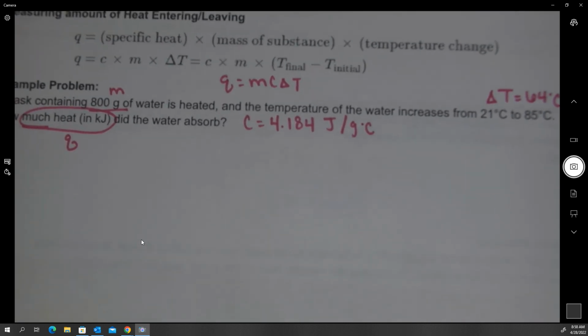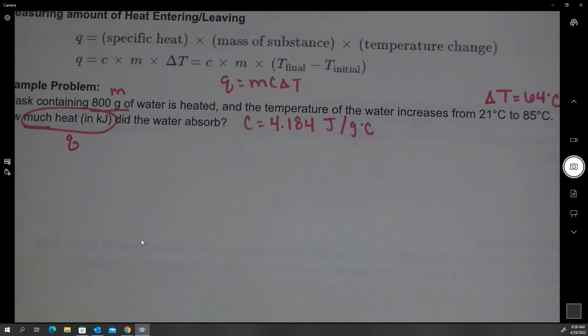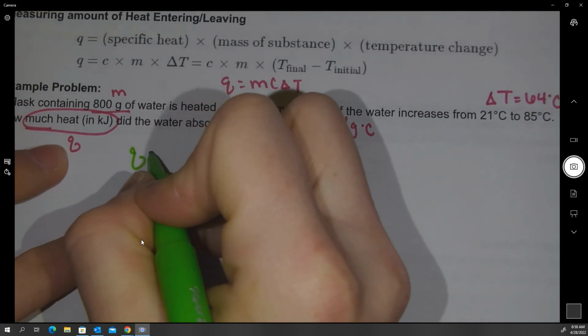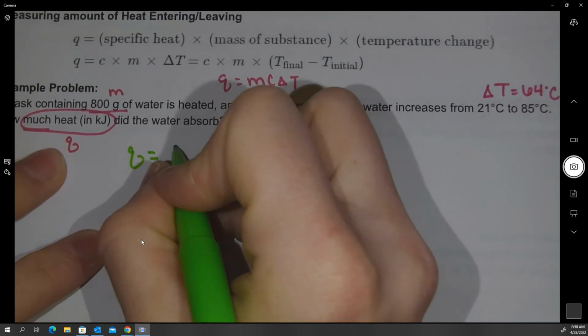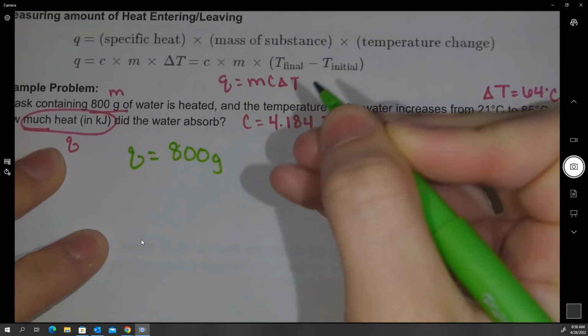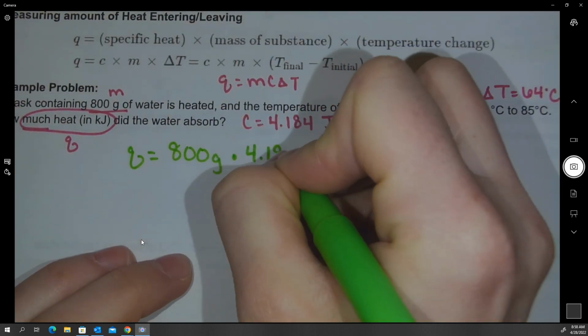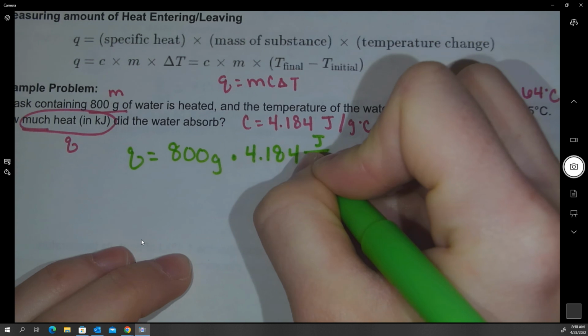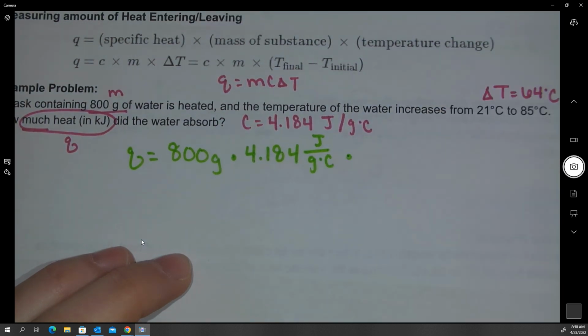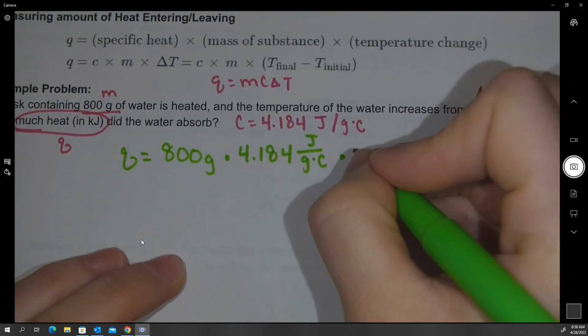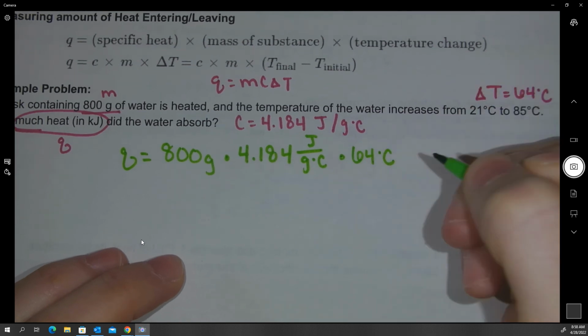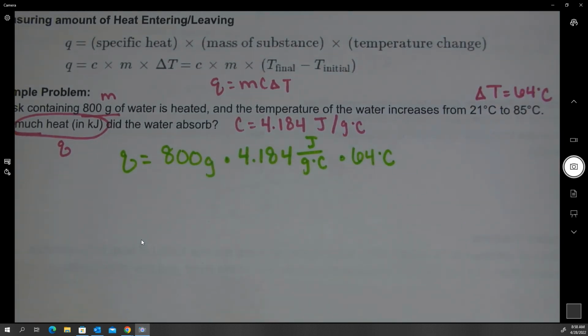Okay, the next thing that we're going to do is just plug and chug. So I'm going to have Q, which is what I'm solving for, equal to my mass, which is 800 grams, times my specific heat, which is 4.184 joules per gram degree Celsius, times my temperature change, which is 64 degrees Celsius. If you write all of your units in, you'll see how the units cancel out here.